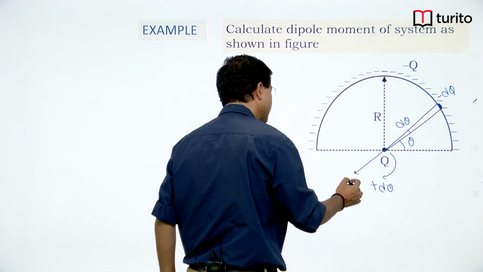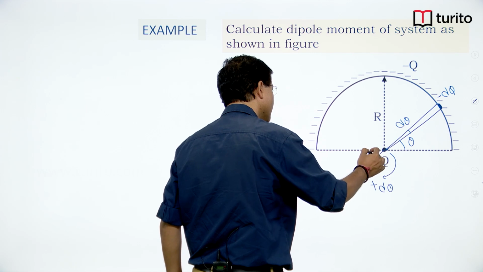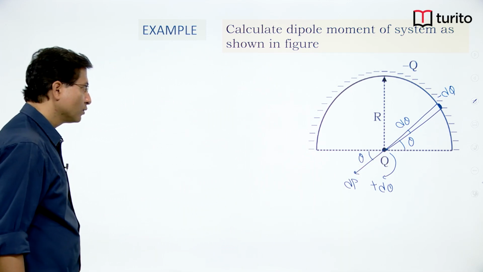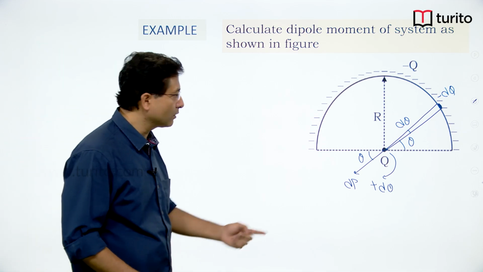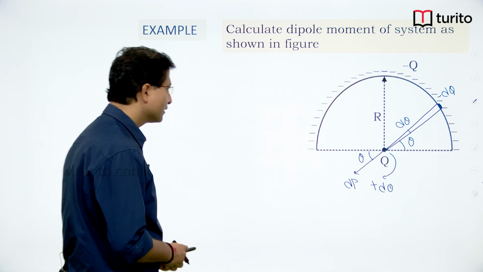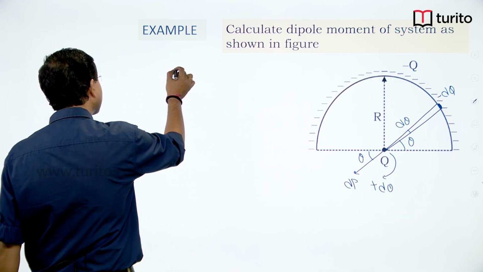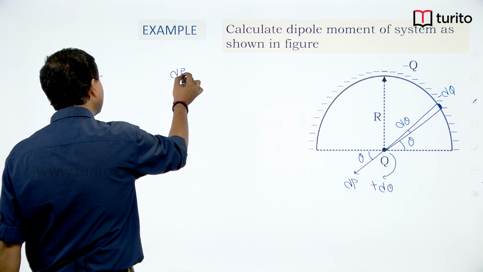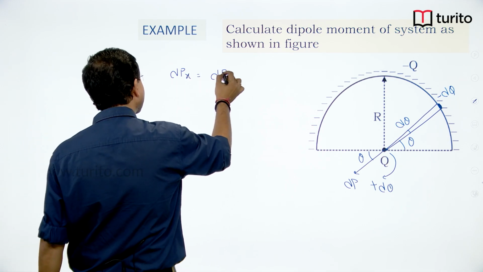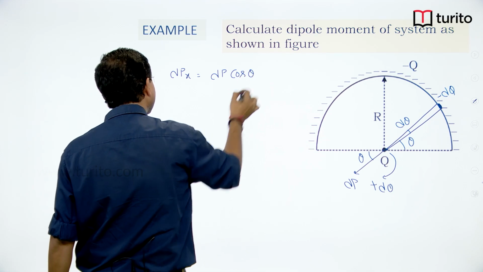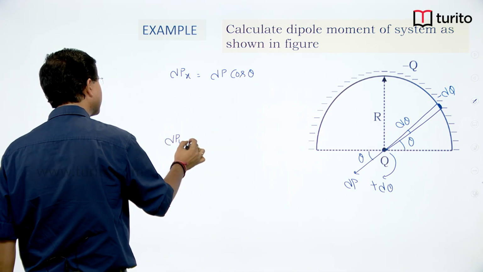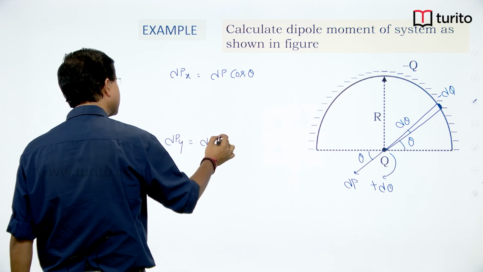So, I can draw it this way, dp, which is subtending angle theta here. So, you can see it will have two components, one in the x direction and another in the y direction, right. So, this can be written as dp x component, dp cos theta, and dp y component, dp sin theta.